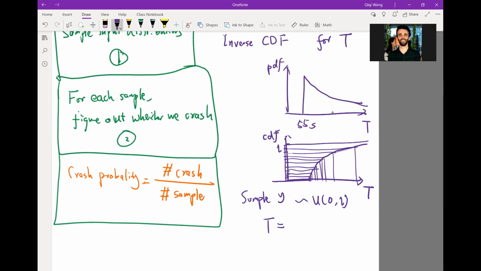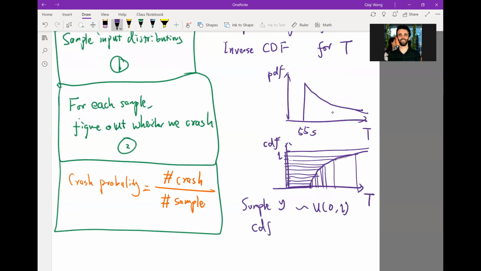So the inverse CDF in this case is what? Let's write down the CDF. The CDF of t, as a function of a small t, is always going to be 1 minus an exponential of minus lambda times (t minus 55).